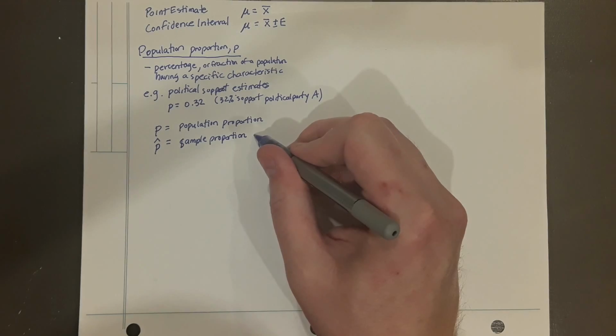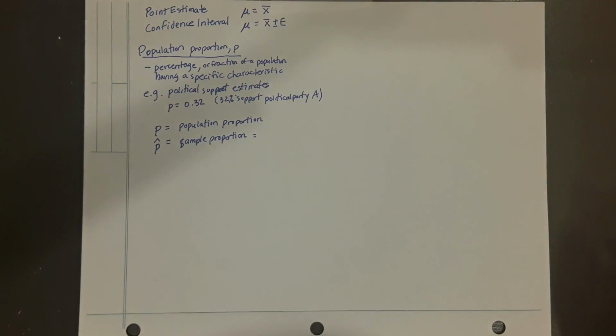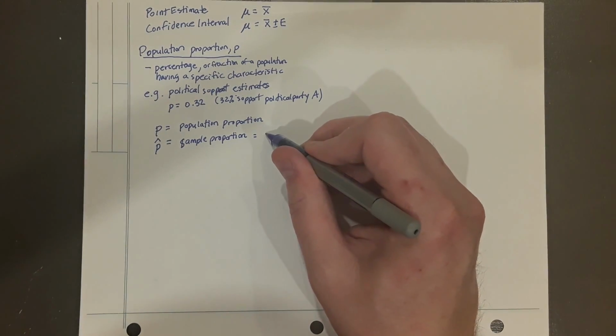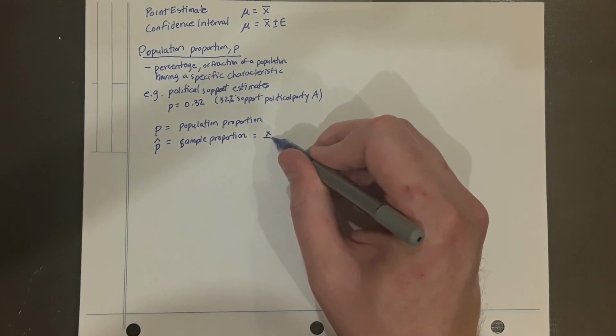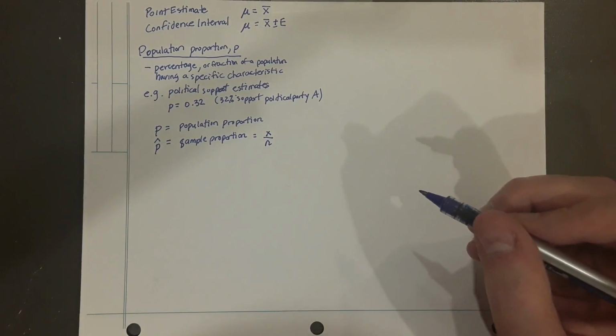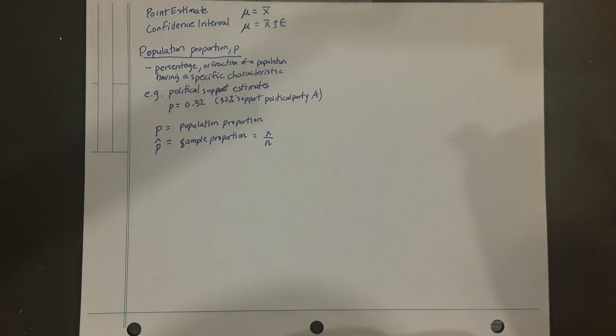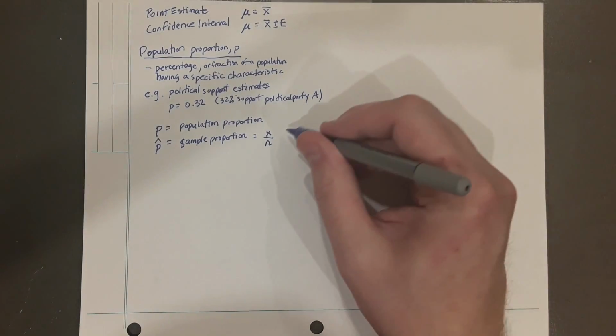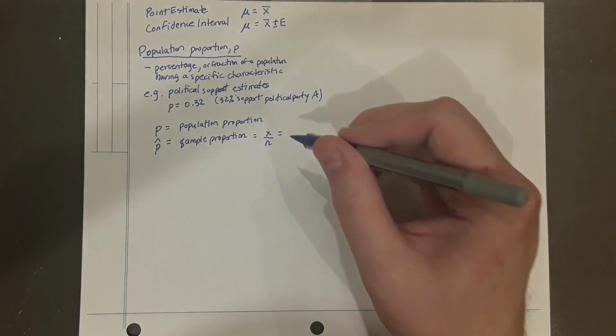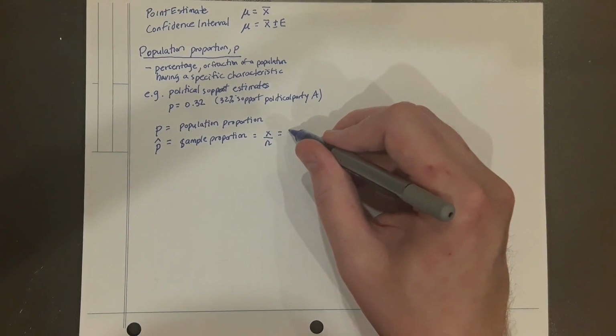The way that you calculate this is exactly the way that we did this with fundamental probability. It is the number of occurrences, or the number of people that have the specific characteristic that you want, divided by the sample size.